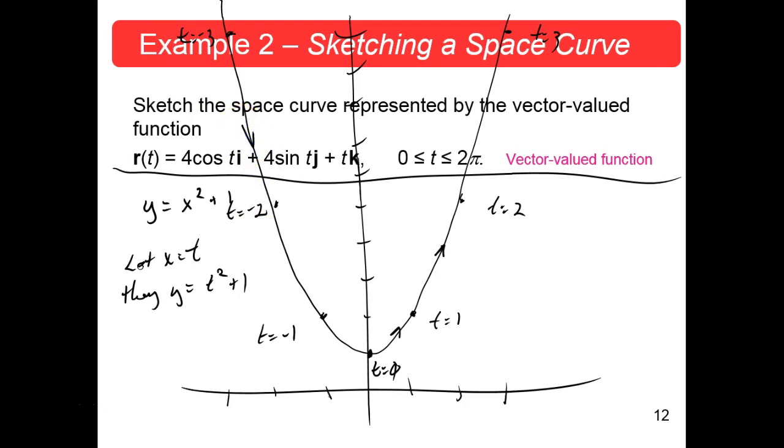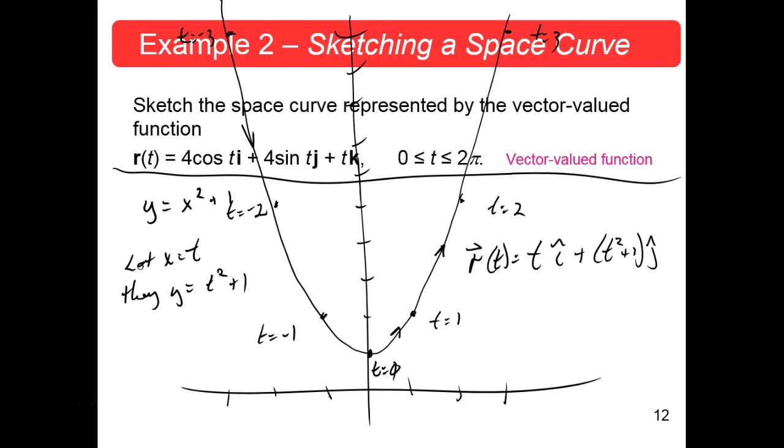So your vector value function would be r of t would equal ti plus t squared plus 1 j. By that, x, y. Okay. Now that's one. That's not the only one, but that certainly would work.